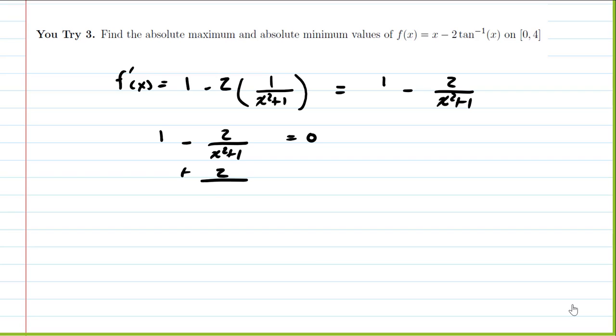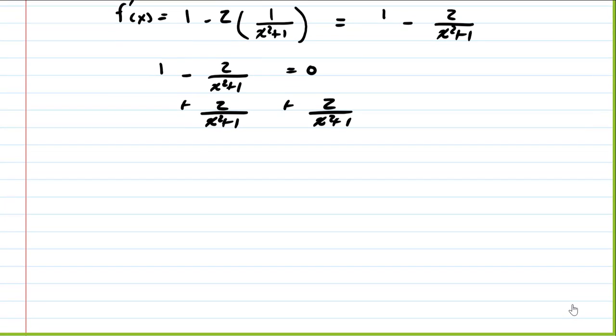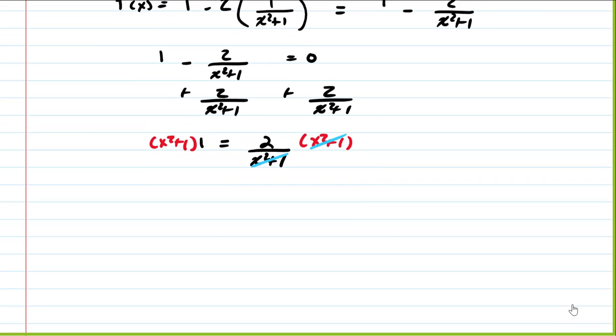We add 2 over x squared plus 1 to both sides, and we get 1 equals 2 over x squared plus 1. We clear our fractions by multiplying by the LCD, which is x squared plus 1. They reduce out.